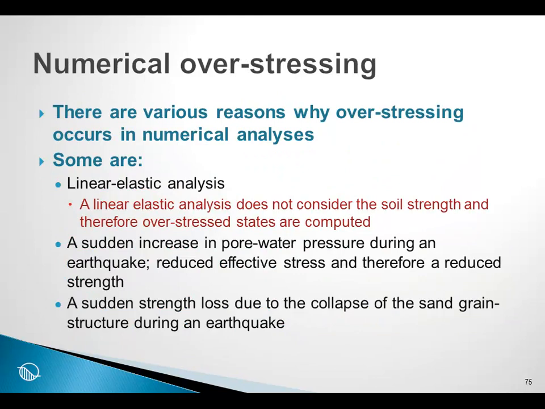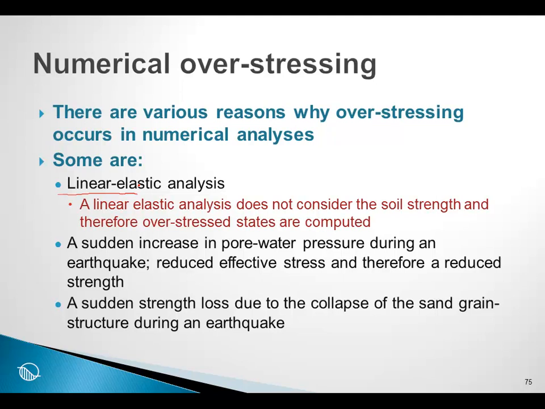There are various reasons why we numerically get overstressing. Some of the reasons we get overstressing in a numerical analysis is because we have used a linear elastic model. A linear elastic model does not consider the soil strength, and therefore overstress states are computed when we use a linear elastic constitutive relationship.